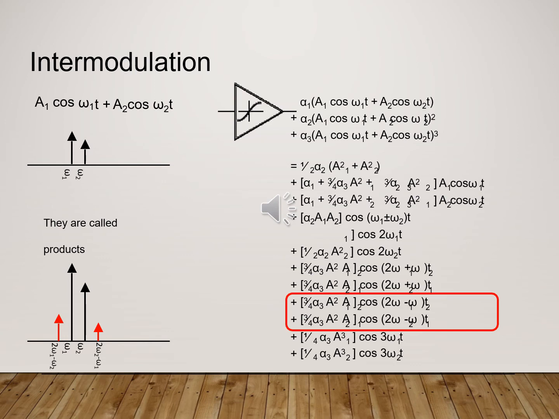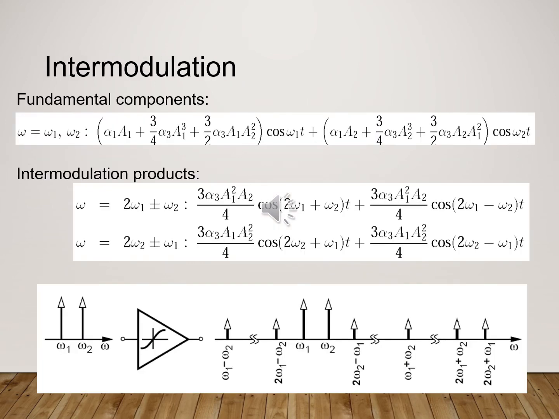The result is known as harmonic distortion or intermodulation distortion. The fundamental components and the intermodulation products are shown in the slides. As you see in the spectrum, the intermodulation products are very close to the fundamental, and it is really hard to get rid of them.